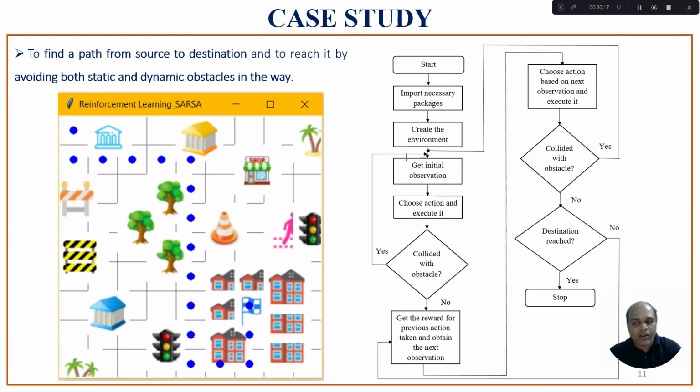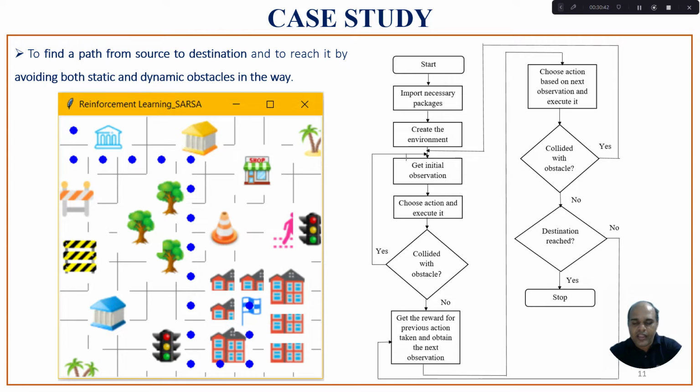If it has not collided with the obstacle, in that case we are going to check whether it has reached the destination. So destination is our flag. We will check whether it has reached the destination or not. If it has reached the destination, then we will stop at that point, right? So that completes one episode, and the reward will be positive, +1.